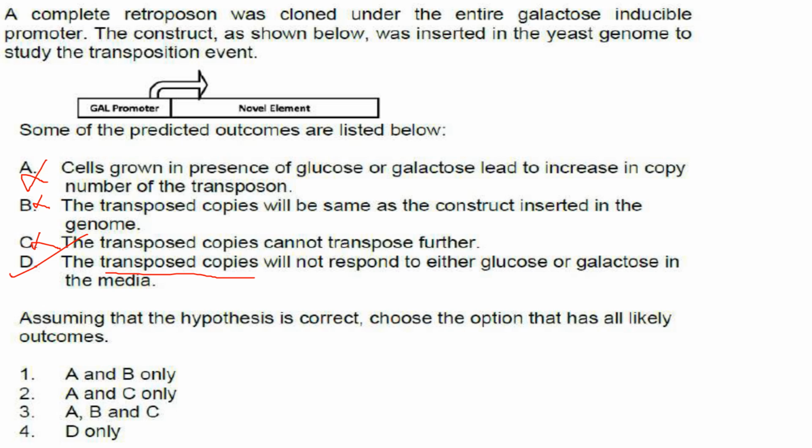They are at an entirely different position on the genome. They transpose randomly in the genome, but they don't carry the GAL promoter while transposing. So they will not respond to either glucose or galactose in the media. Assuming that the hypothesis is correct, choose the correct statement. So D only is the answer. Answer is option 4. So that's it.